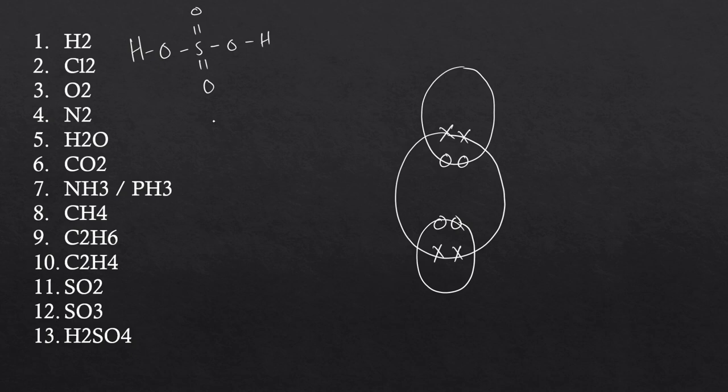Understand? So if it is double bond, now I need to draw one electron of the sulfur here. It is here and here. It is overlapping with oxygen. One electron of oxygen is here, the other electron of oxygen is here. The other electron of oxygen is being shared with this hydrogen.